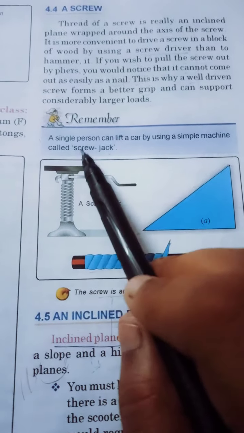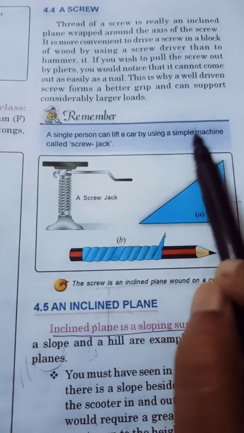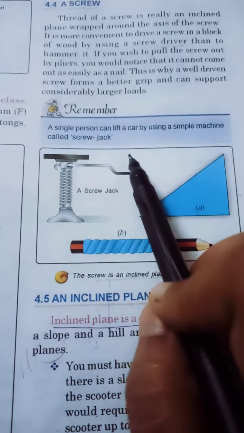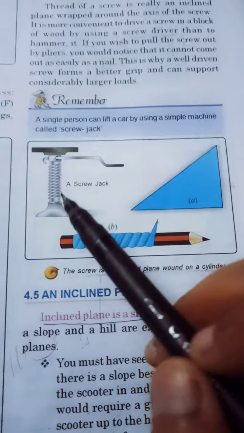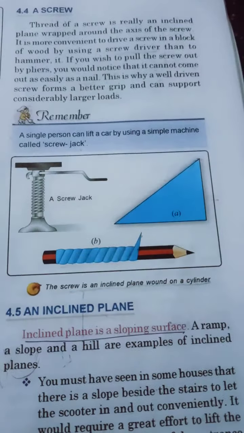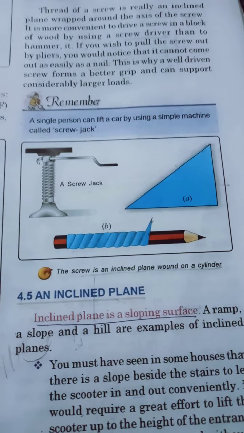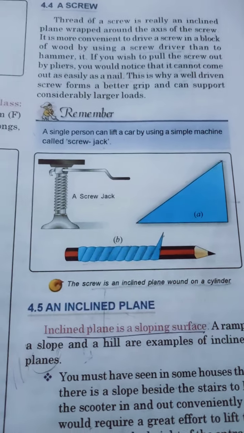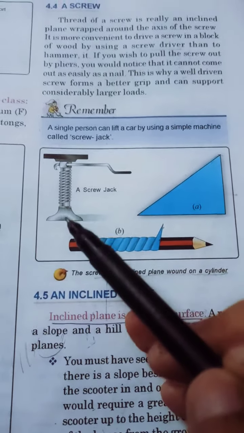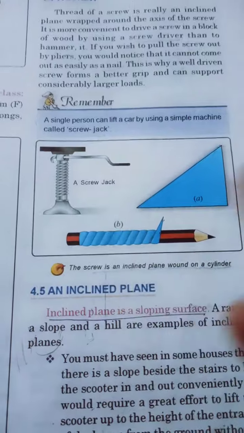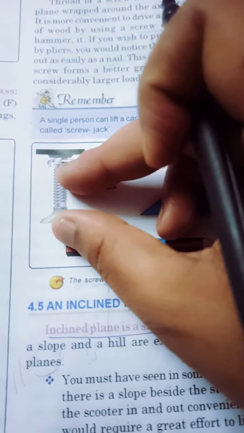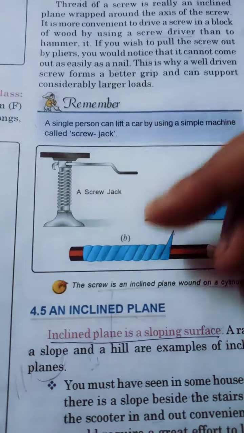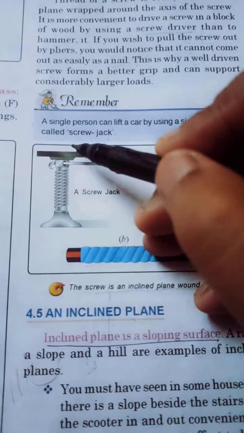Now a single person can lift a car by using a simple machine called a screw jack. I hope some of you must have seen such an object. This is a screw jack. Whenever a car's tire gets punctured, they use this screw jack. Initially it is of this shape, okay. But then using this rod, we can easily make it larger.